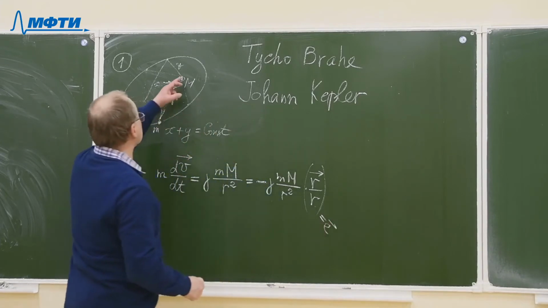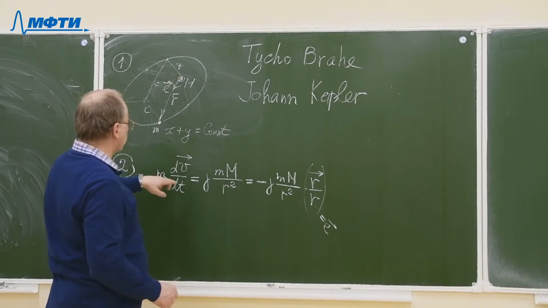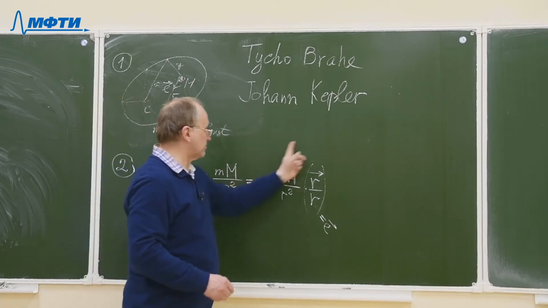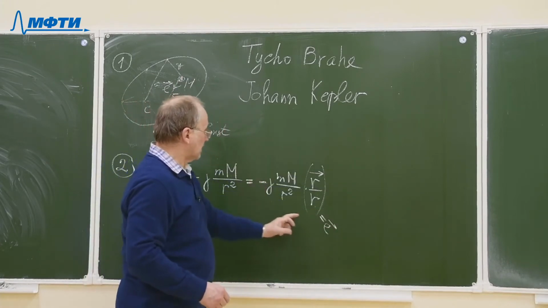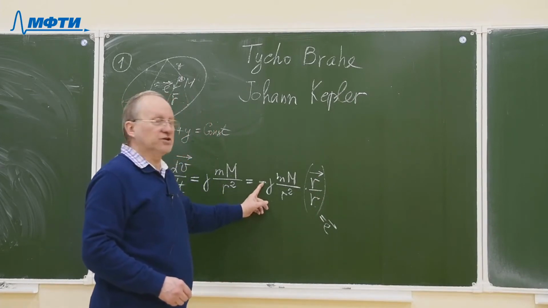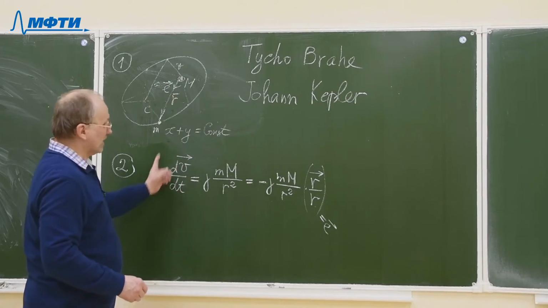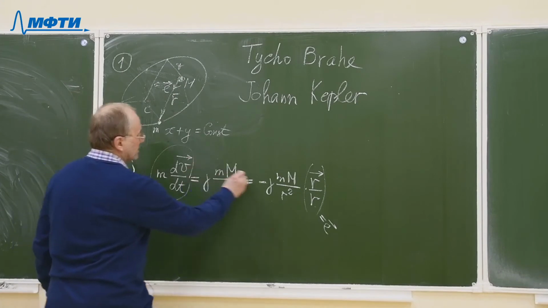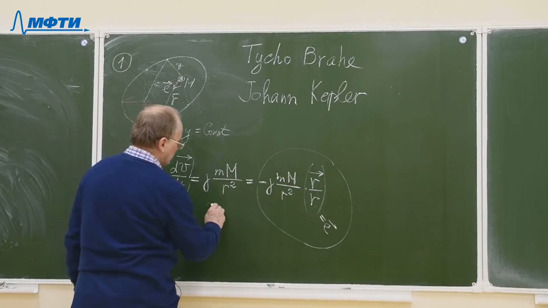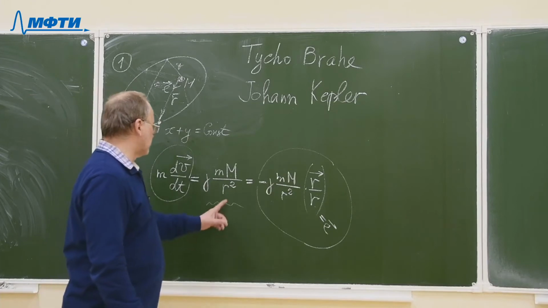And this unit vector looks in the direction away from the sun. But the force applied to the planet is directed towards the sun. So the direction of this force should be opposite to the direction of the unit vector. Therefore, we have a minus sign here, because this is a vector equation. This is the vector, and this is the vector. And in the middle, I wrote something scalar, which should be understood as an intermediary, preliminary result.